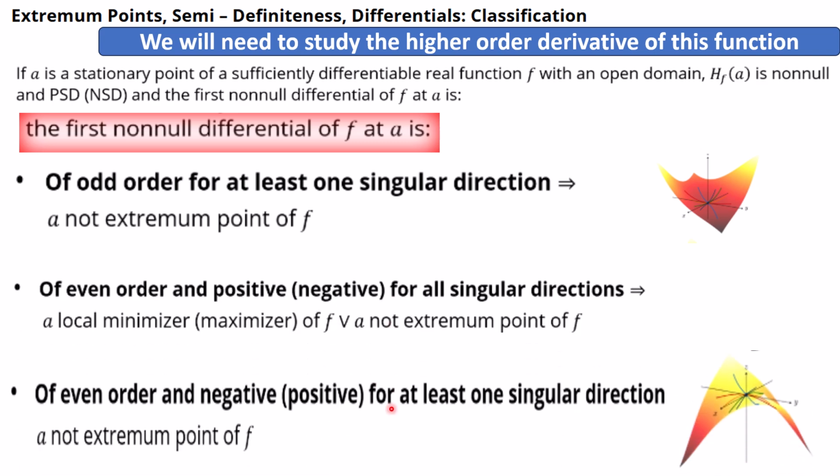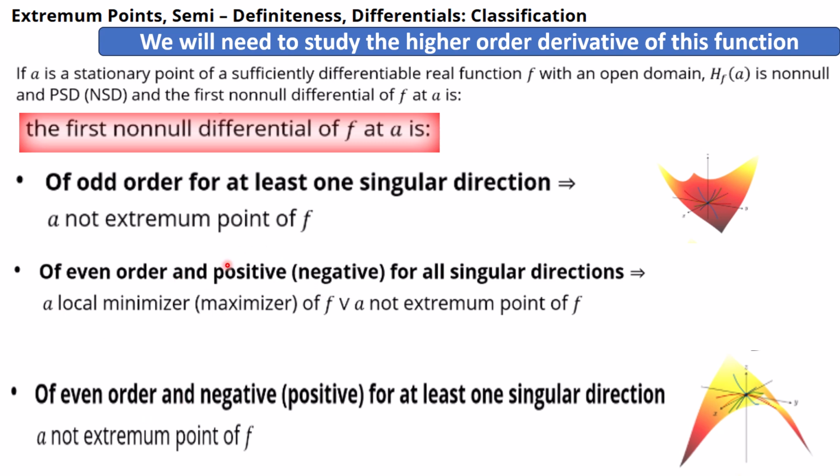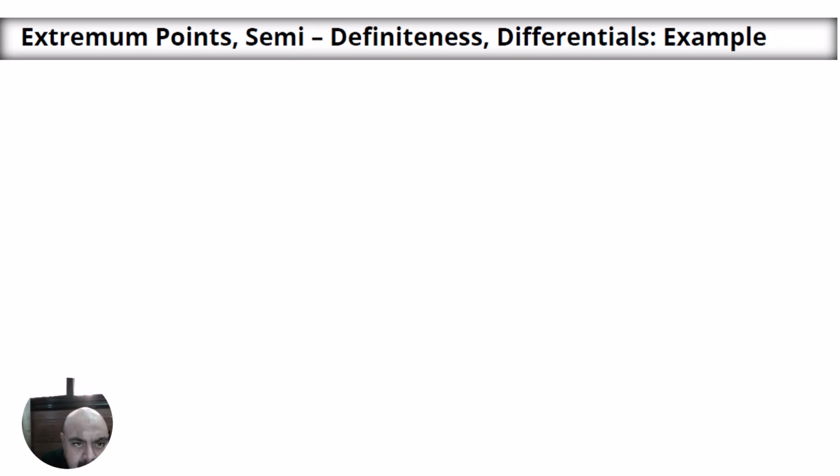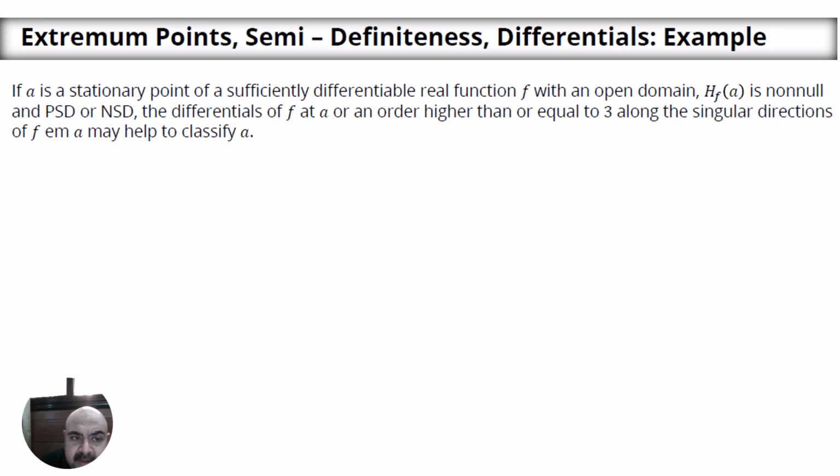Okay, but pay attention, if it is of even order and of positive or negative value, this order is very important for the first even one. If it is positive or negative for all singular directions, then if it's positive it gives a local minimizer, and if negative it gives a local maximizer of f. Extremum point, semi-definite or semi-differential.